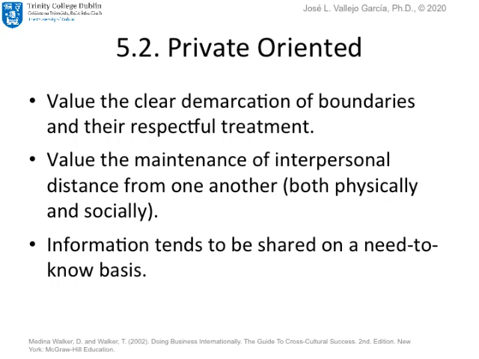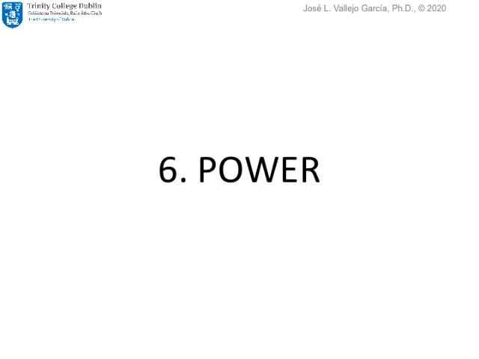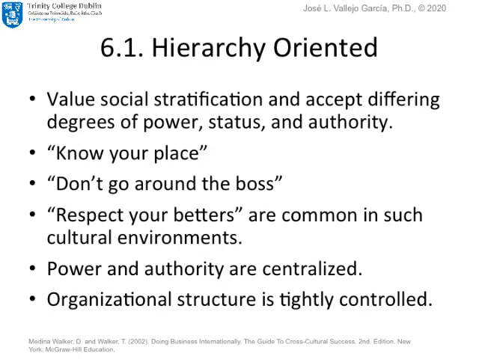Then we have the dimension of power, which is hierarchy-oriented or egalitarian-oriented. Hierarchy-oriented cultures value social stratification and accept different degrees of power, status, and authority. For example, you hear things like know your place, don't go around the boss, respect your betters, which are common in such cultural environments.